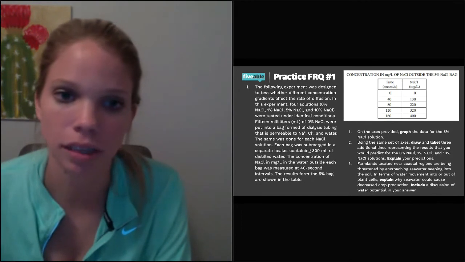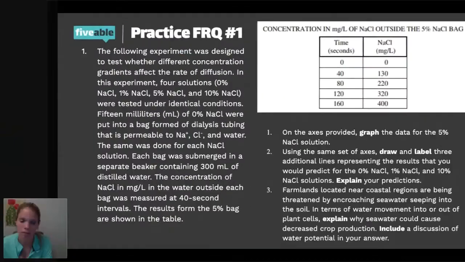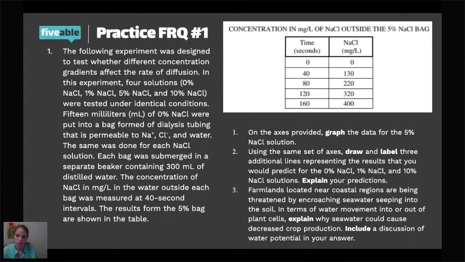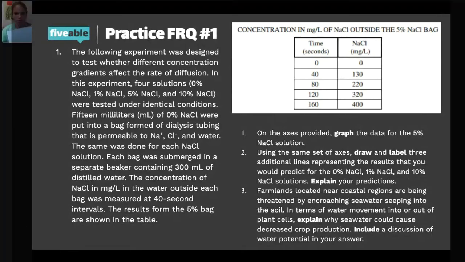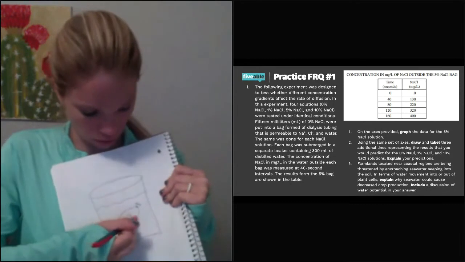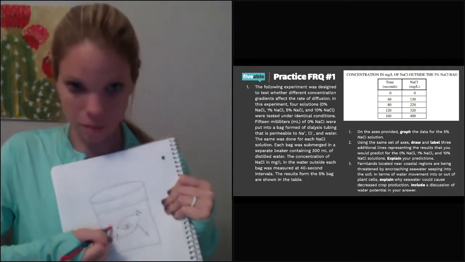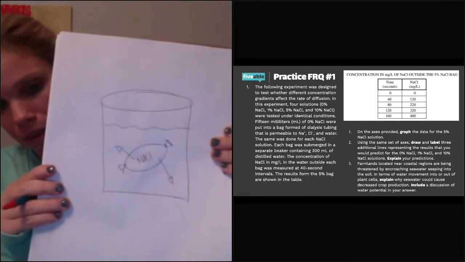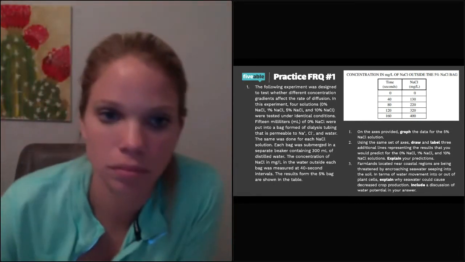Read the directions here. Can the NaCl cross the membrane? Yes, very good, because it says here a bag that is permeable to sodium chloride and water. And so we see here outside the bag, the longer that time goes, the amount of sodium chloride in the water increases. So what's happening, let me make this big again. The sodium chloride is all leaving the bag. It must be, okay?